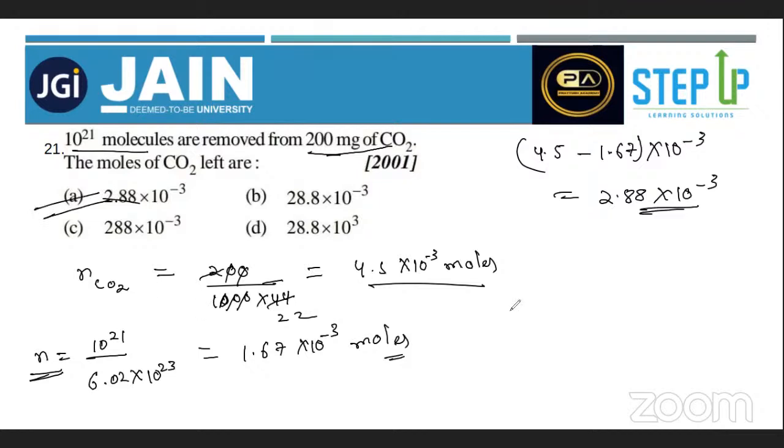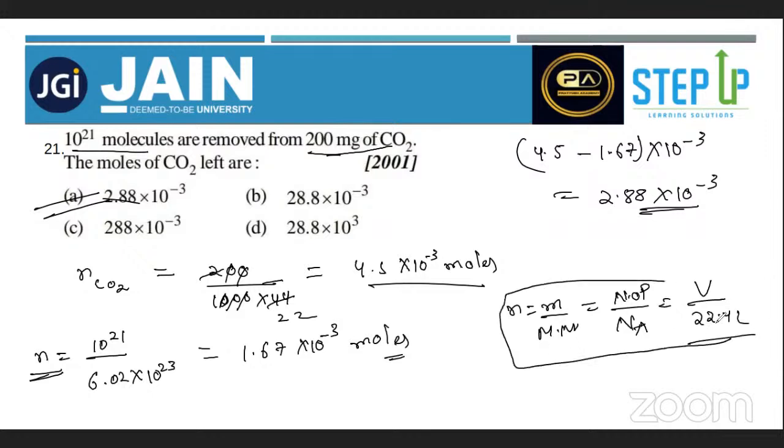The number of moles formula is basically what? I have three formulas: mass by molecular mass; then number of particles upon Avogadro number; and the volume of the gas at STP upon 22.4 in liters. These are the three formulas for the number of moles. I'm using two formulas here.